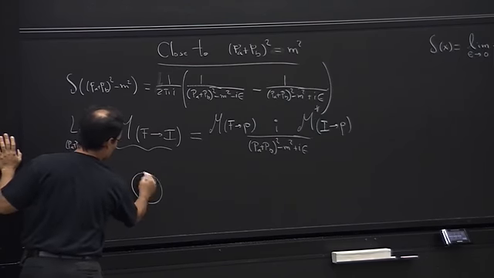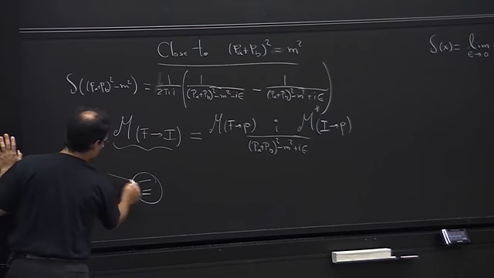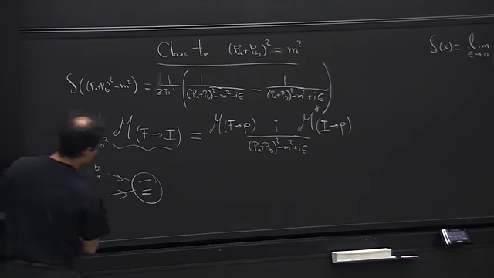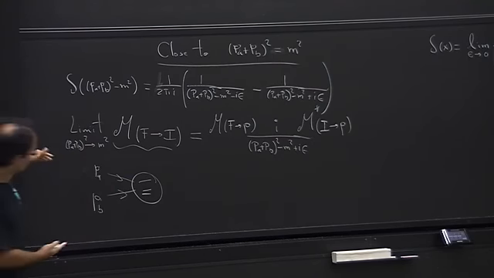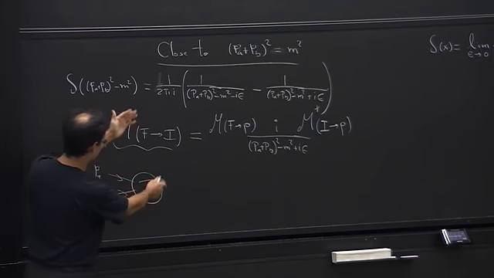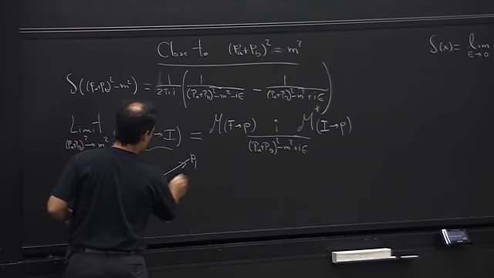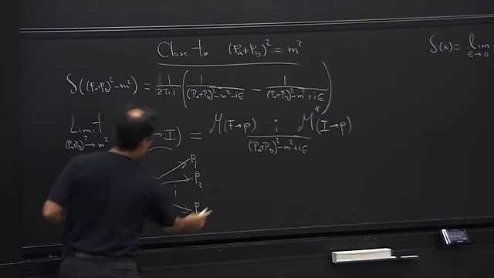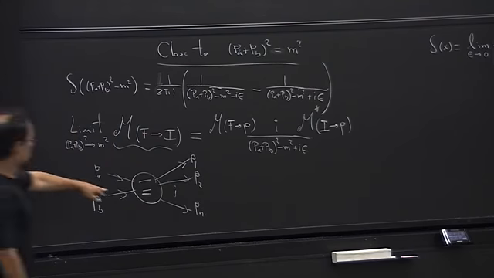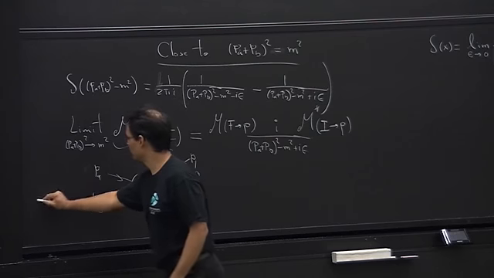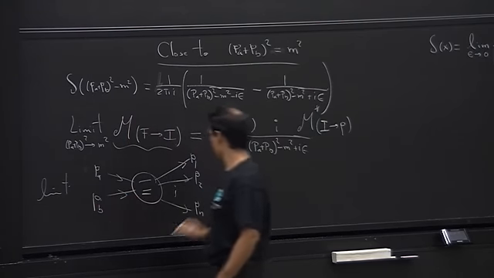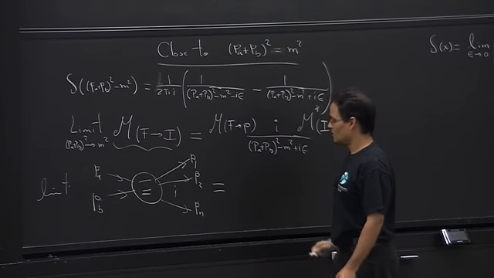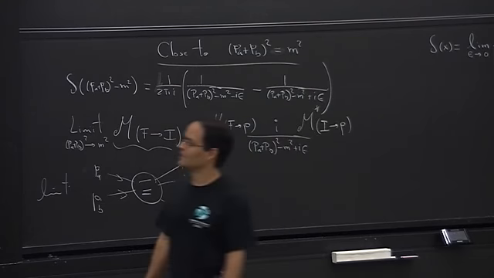Let me introduce a picture to represent this, where I have our PA and PB as incoming particles. So this represents the scattering. They are coming, doing their things, and then coming out as outgoing particles. So we are finding that in the limit, this thing behaves as, did I get all the signs right?